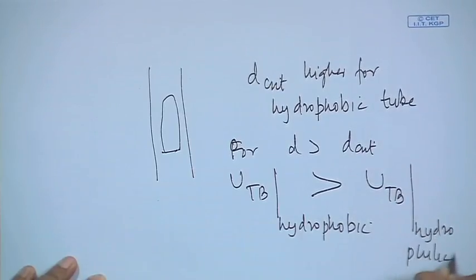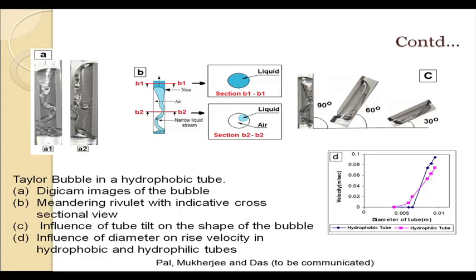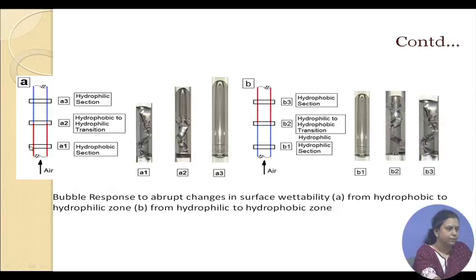Along with that, what we wanted to do was, we also wanted to see how the bubble responds to abrupt changes in pipe wettability. For this, what we did, we took a pipe and half the portion of the pipe was silanized, as a result of which the first half of the tube was hydrophilic, the second half was hydrophobic, or vice versa.